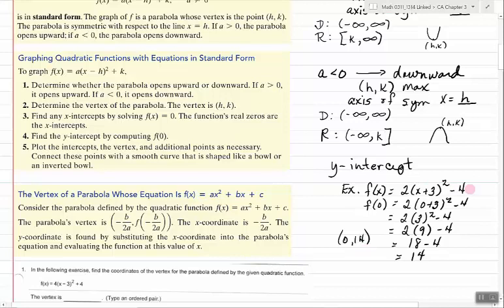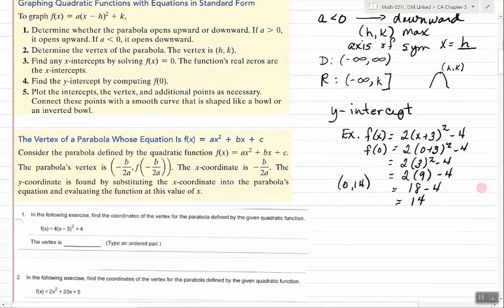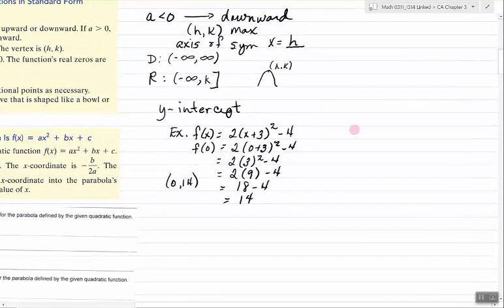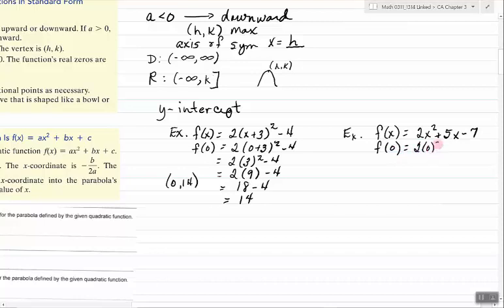This was standard form. If it happened to be in general form, if I had f of x is equal to 2x squared plus 5x minus 7, it's actually easier to find the y-intercept. F of 0 is equal to 2 times 0 squared plus 5 times 0 minus 7.